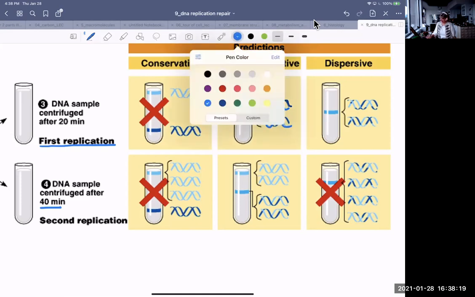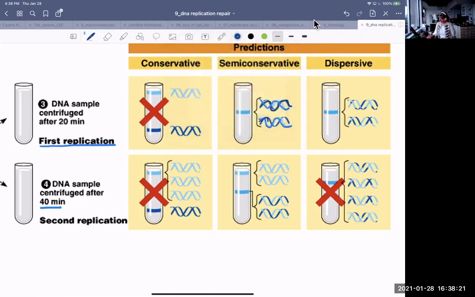Same with the other one. That's semi-conservative, which is indeed what we have. But you wouldn't know just by getting one.